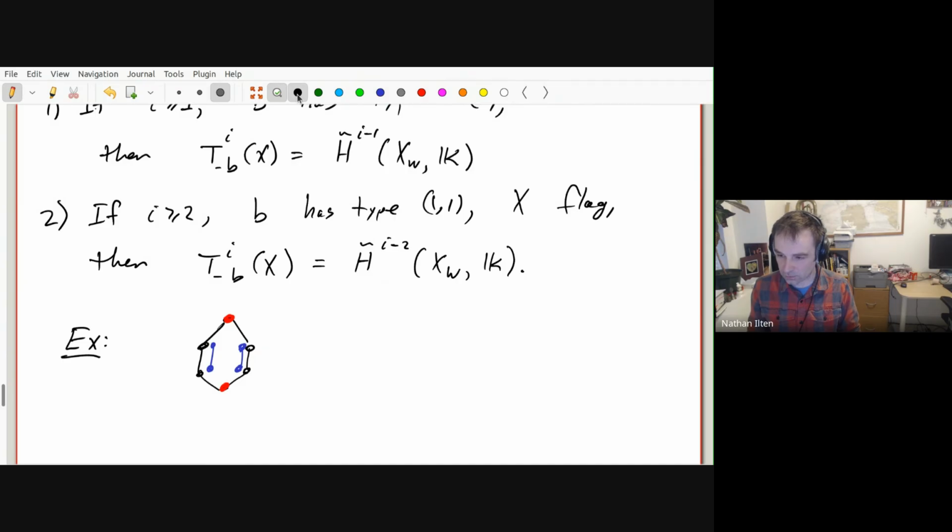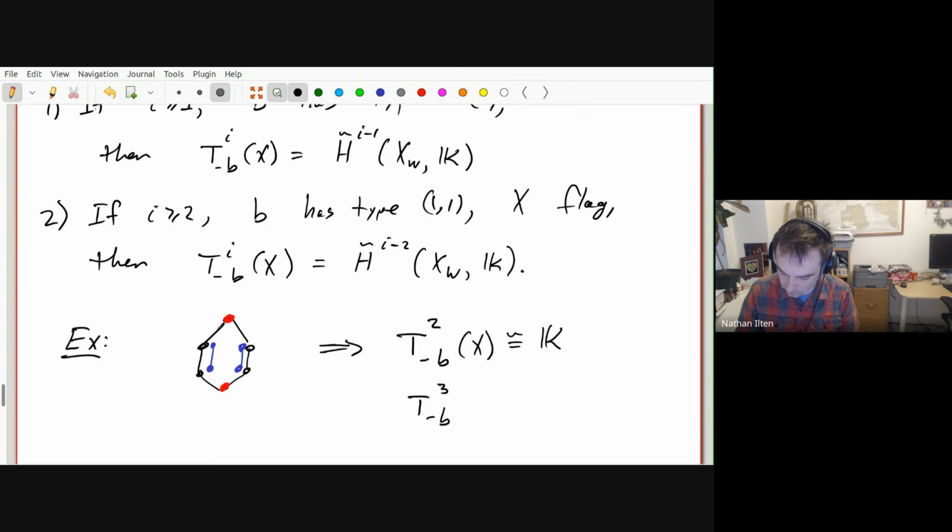And so if I look at reduced H_0 of this, this will be one-dimensional. So T2 in degree -B of X is isomorphic to K. And if I look at T3 in this degree, well, this blue complex doesn't have any H1. And so this is just equal to 0.